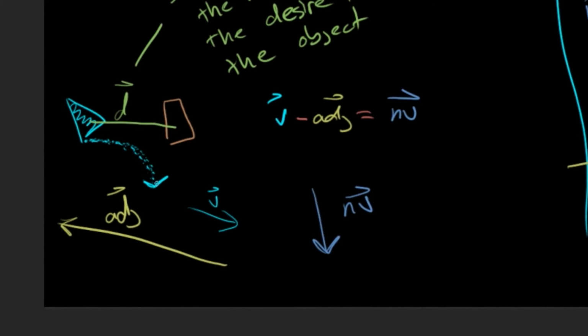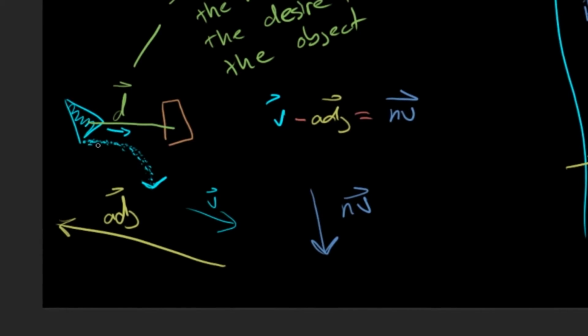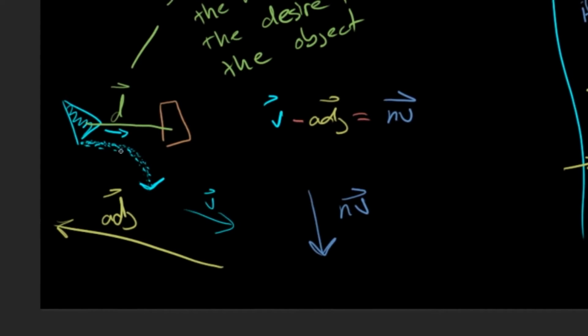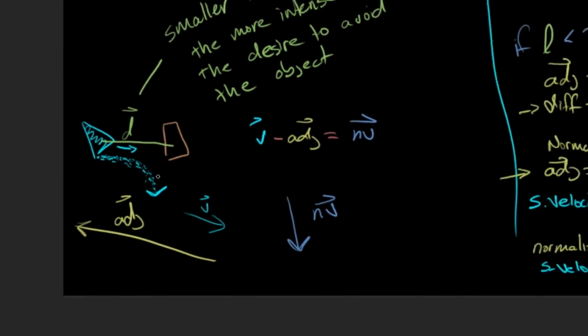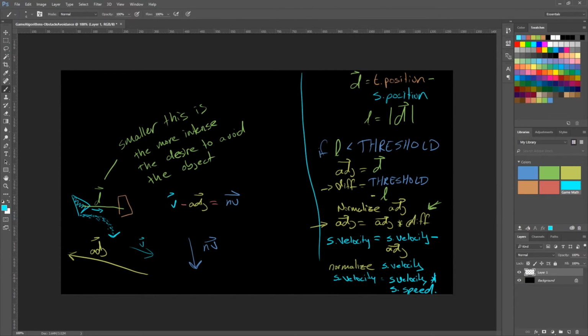Assuming our velocity is this, it's going to be adjusted to where it moves downwards, but it does that by combining the velocity here, because we still want it to move in that direction, but we want to avoid that obstacle. So we'll go down here.